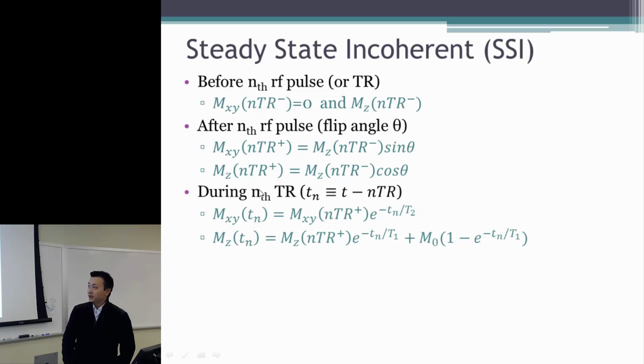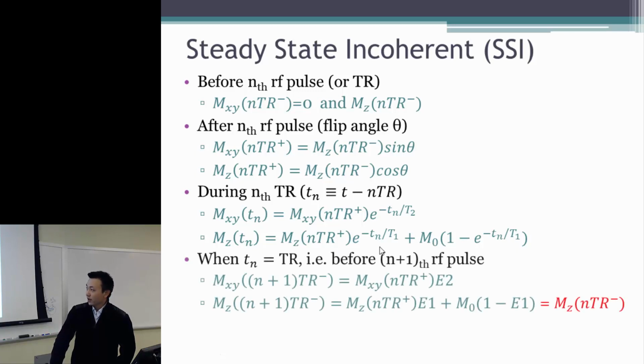And then during the TR after this RF pulse, there will be T2 decay on the transverse plane and T1 recovery on the longitudinal axis, right? This was the one we saw in chapter 8.